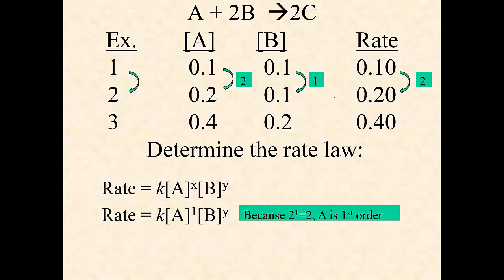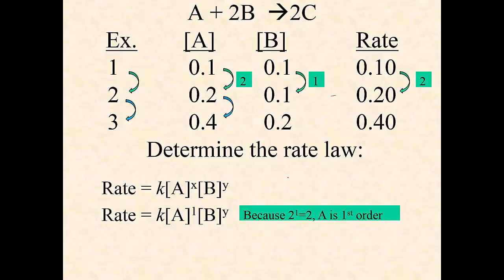Now the problem I look at, I don't see anywhere where A is held constant. But you do already know what the order is for A. So we already know A is first order, and we can use that fact now. They'll never change everything. You're going to at least be able to figure out one. So look at between trial 2 and 3. What happened?